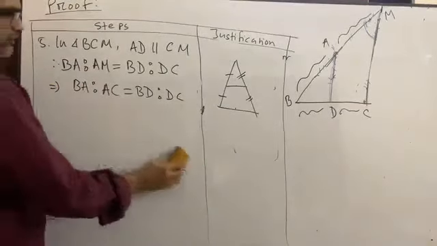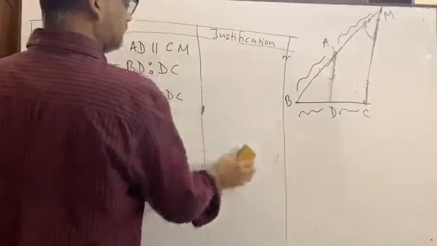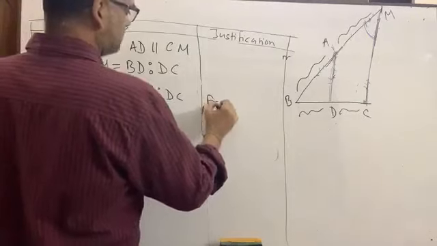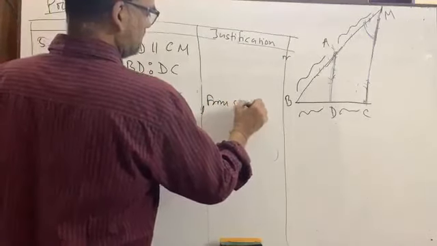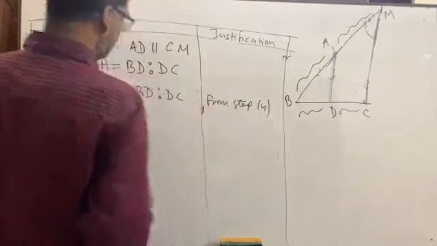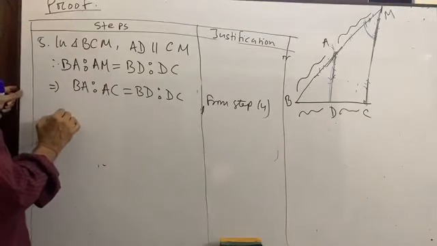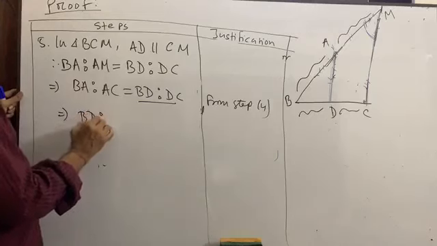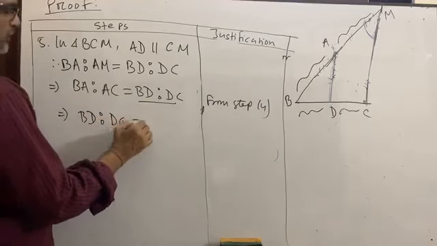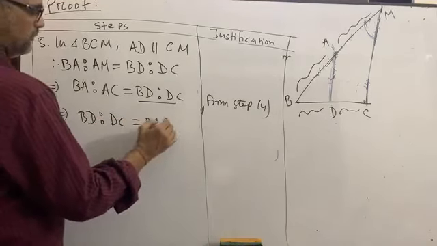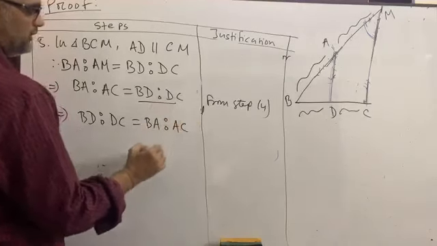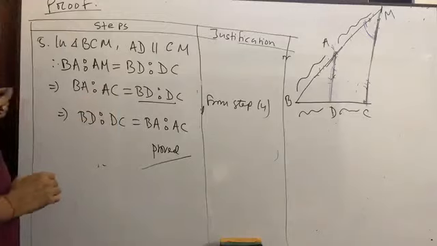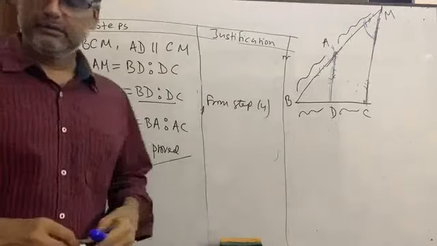The side note is to be given here from step 4, or it is to be kept at first according to the proof. BD is to DC equals BA is to AC. That is our main point. Please try to understand.